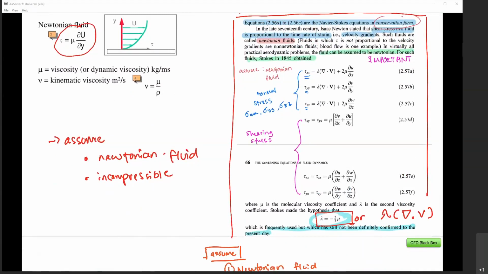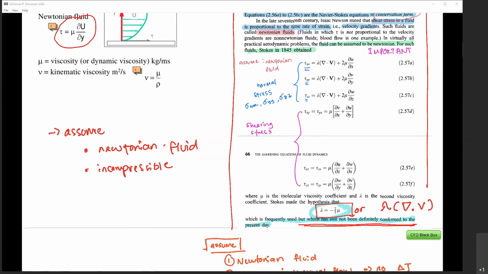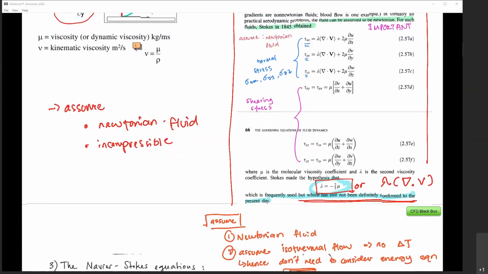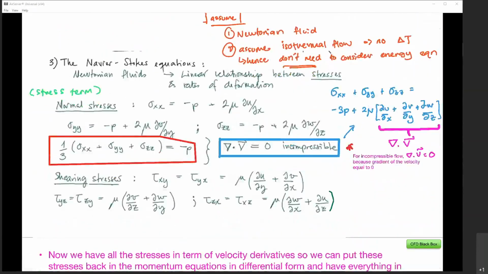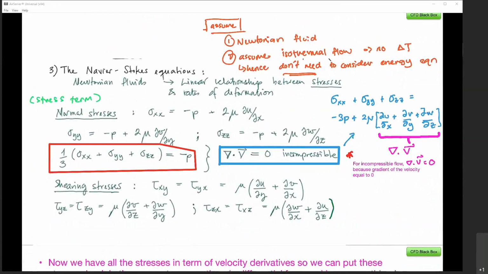But it is stated that this term, the lambda, has not been definitively confirmed to the present day. So it is still up for debate, still subjective. So for this derivation, we are not going to use lambda, but we are going to use another term. But the assumptions are the same.